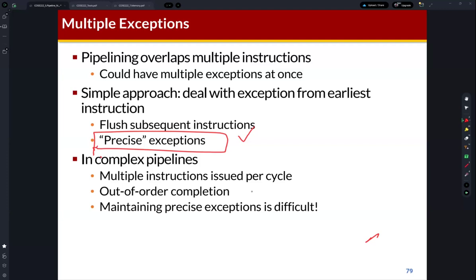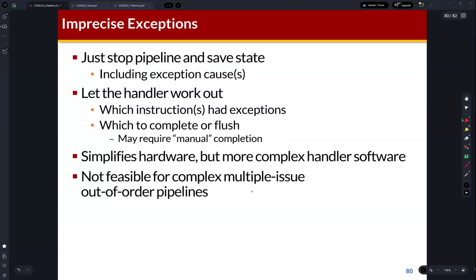Okay, so precise exceptions mean the exceptions are handled in the order of instructions, right? And the processor can also support imprecise exceptions, but it's very complex.